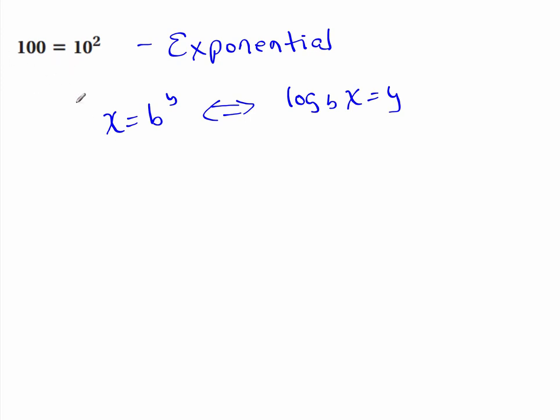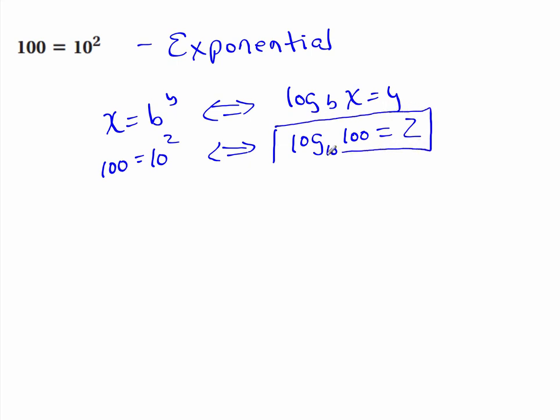So if 100 is 10 squared, okay, that is true if and only if log, now my base b is 10, of x, 100, is equal to 2. So this is the logarithmic form of this exponential.